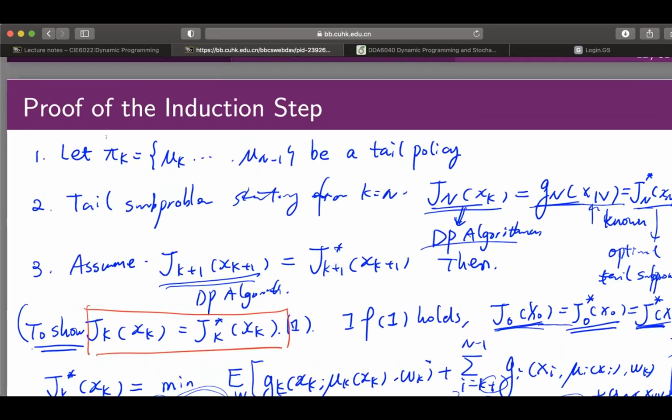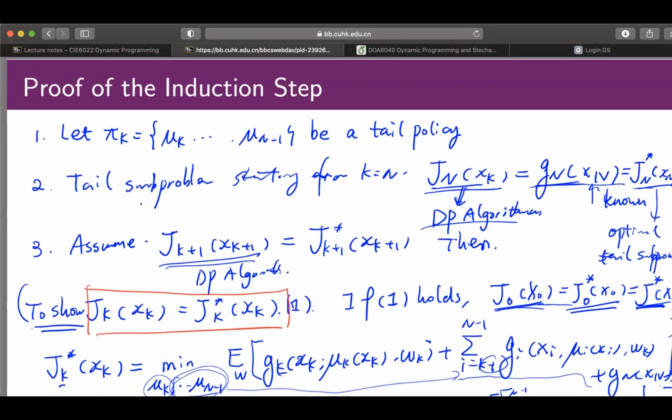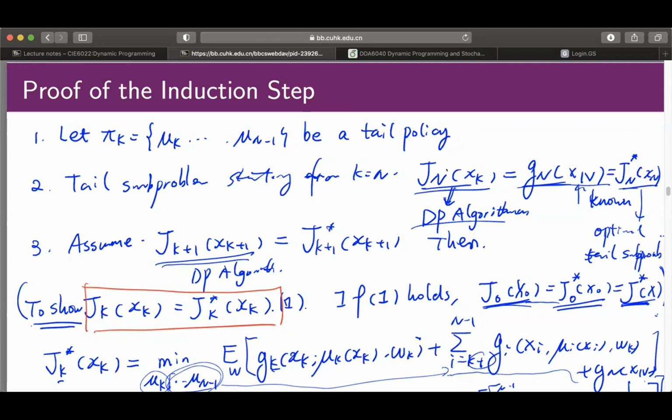First, we denote a tail problem by pi^k, a tail policy, and we will solve all the subproblems, starting from the subproblems of the last stage. Let's say for k equal to N. As we just saw, J_N(x_N) directly equals J*_N(x_N).